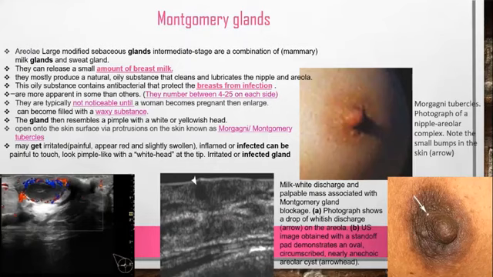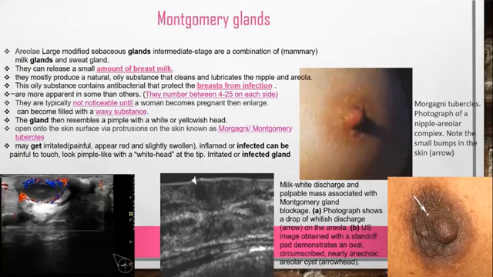So this is not the exact function; its function is containing a lubricant material that even contains antibacterial agents. These glands get enlarged during lactation and pregnancy to lubricate the nipples and facilitate the function of suckling for the baby, and protect the mother's nipple from cracking and from getting infected.